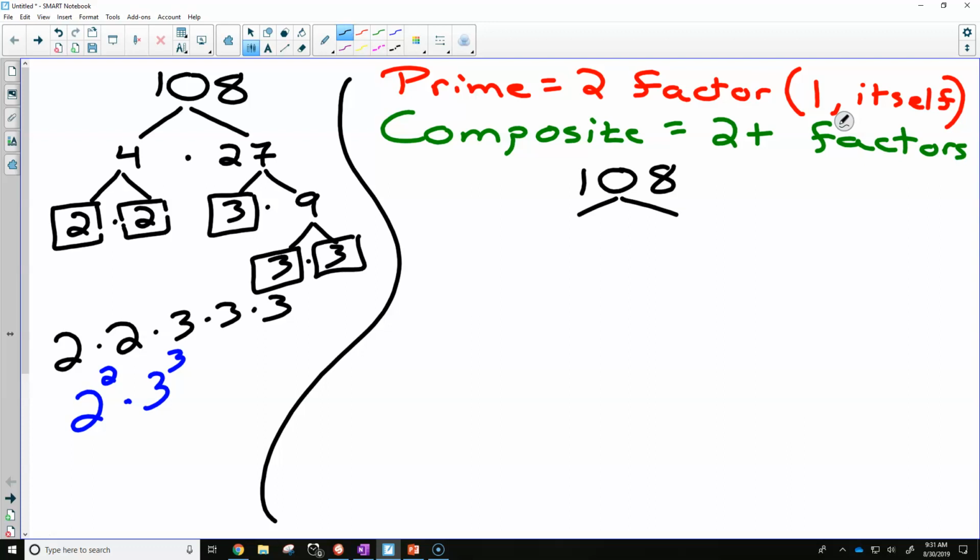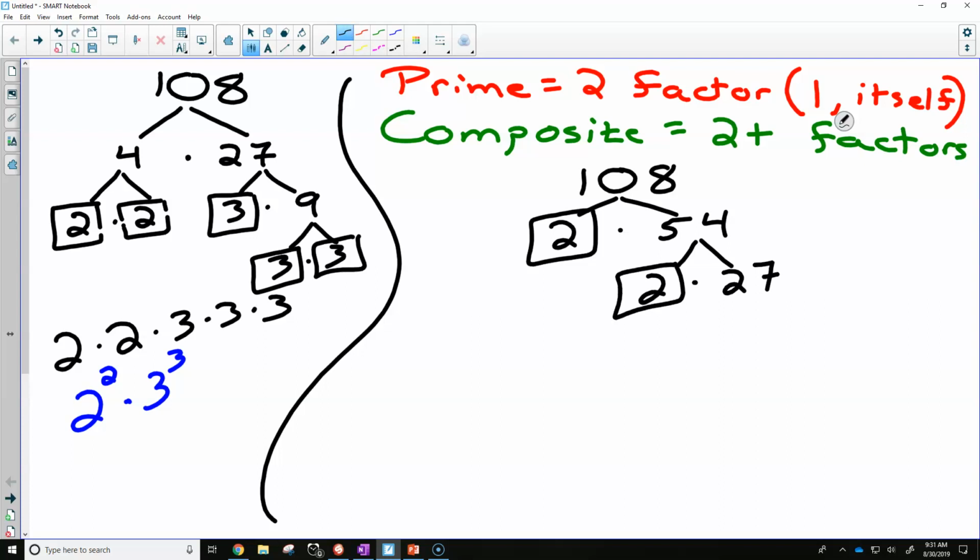Okay. So you break it down into 2 times 54. Okay, 2 times 54 is 108, and 2 is a prime number. And then you break 54 into 2 times 27. Okay, 2 times 27. Then 2 is a prime number. And you break 27 into 3 times 9. Okay, 3 times 9. 3 is a prime number.